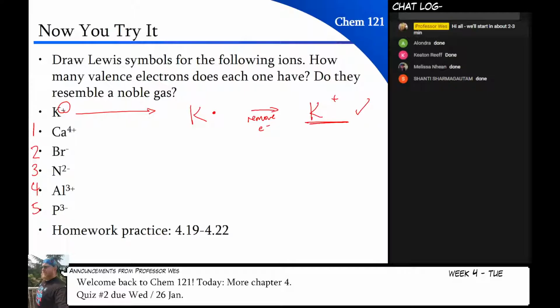All right. Where did my pen go? There it is. Okay. So let's look at calcium here. Let's just hit erase and try that again. So calcium has 2 valence electrons. So we'll draw them, 1, 2.